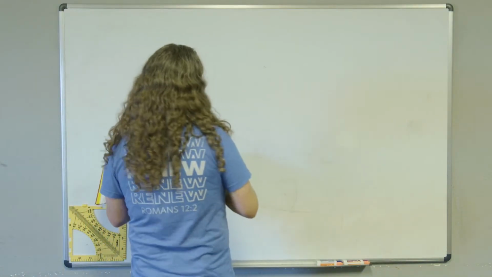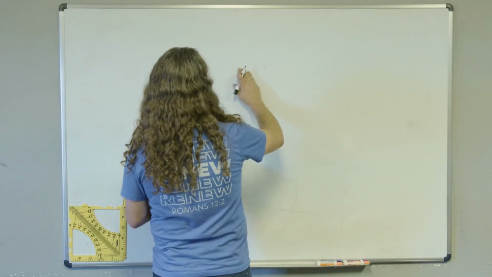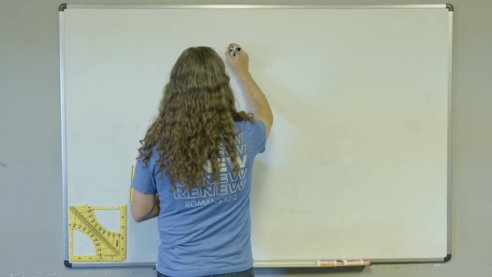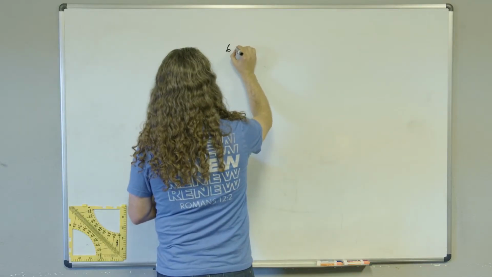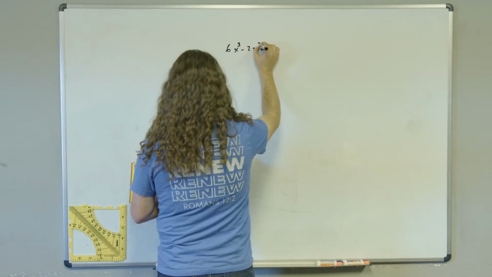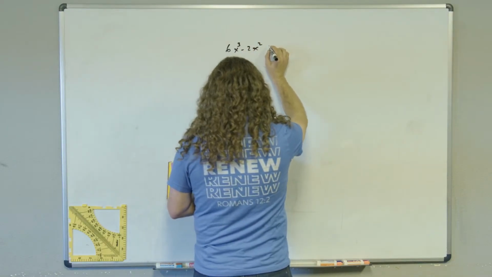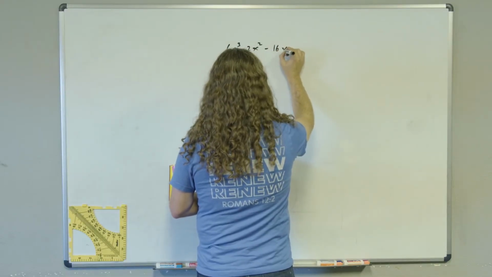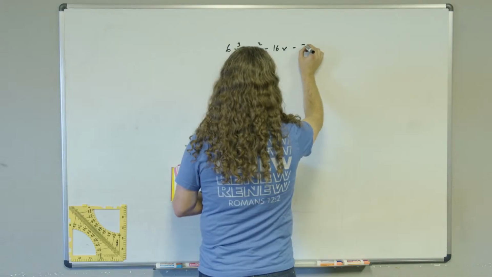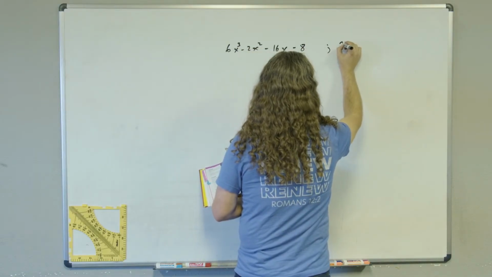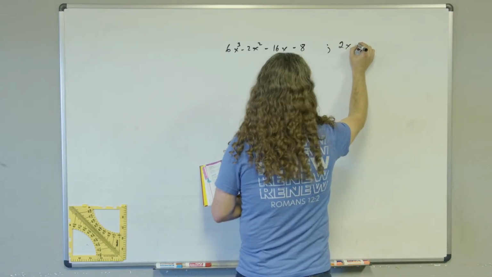Okay, so we are going to factor this completely, given the existing factor and long division. We're going to factor 6x cubed minus 2x squared minus 16x minus 8, which we are given has a factor 2x minus 4.